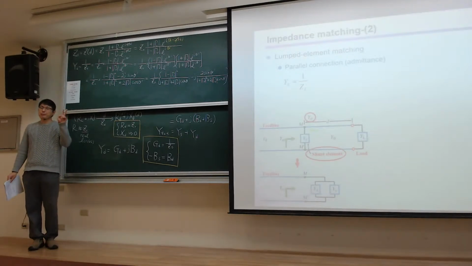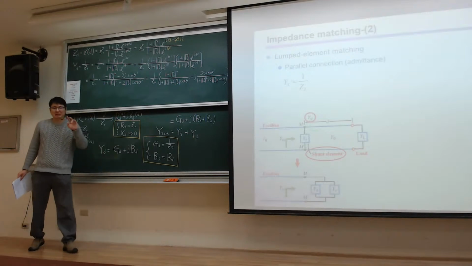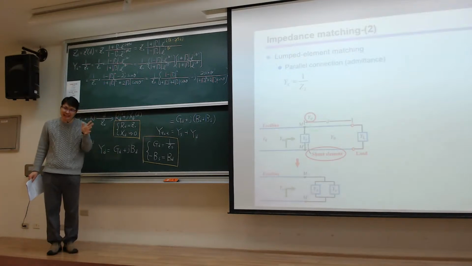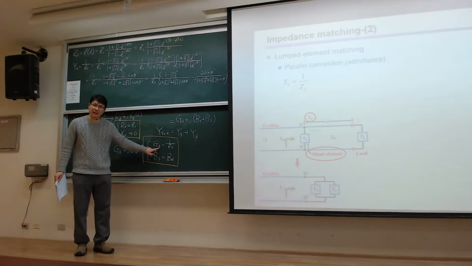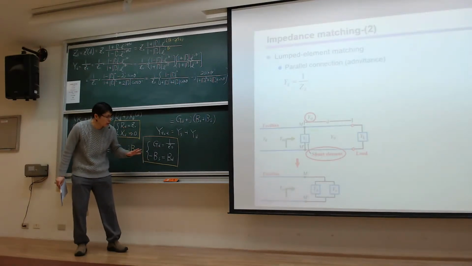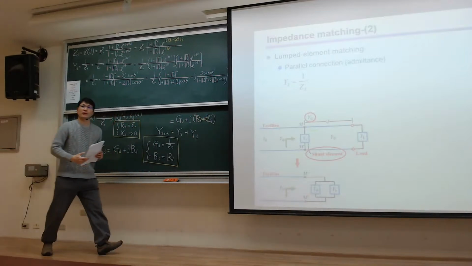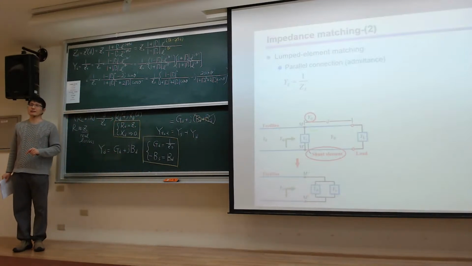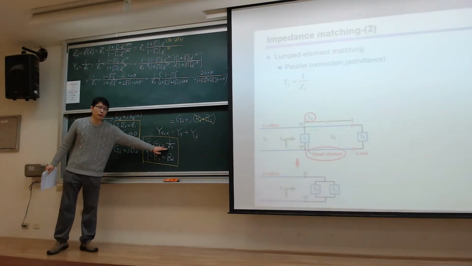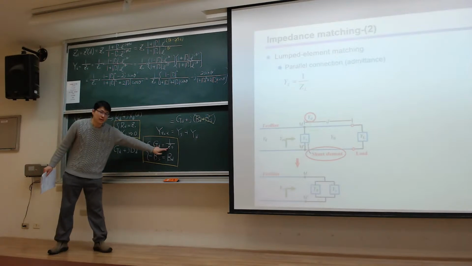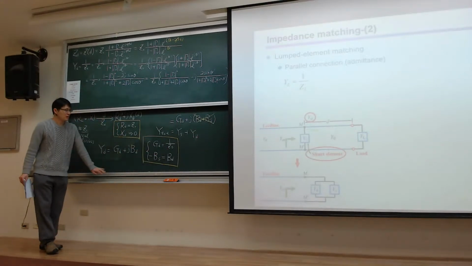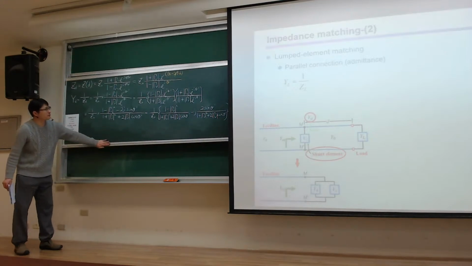By connecting a purely imaginary component, maybe a capacitor or an inductor, at the distance of d, I want to kill this imaginary part. So I only have the real part remaining, and at that distance, the real part of the impedance is Z0, matching to the transmission line.